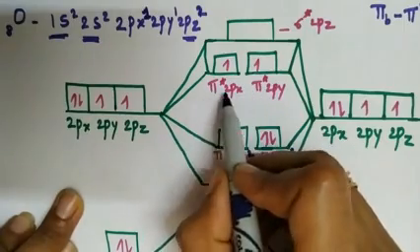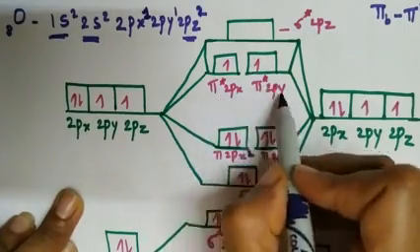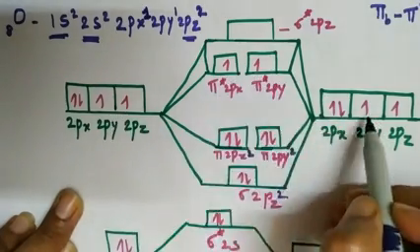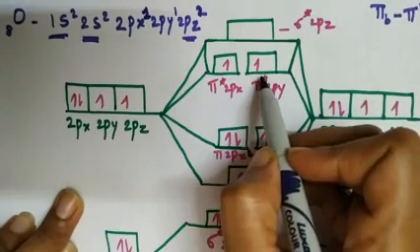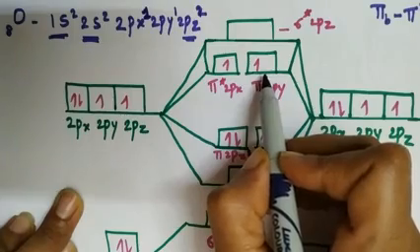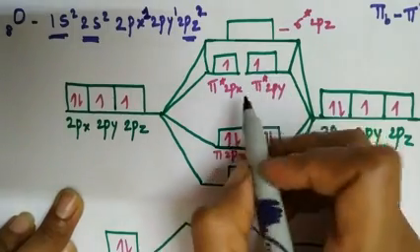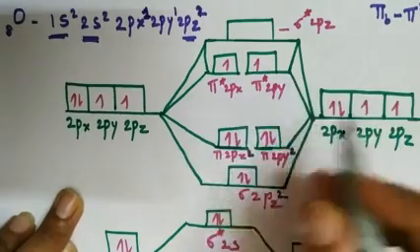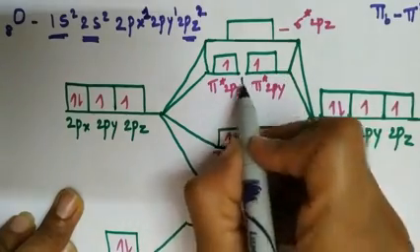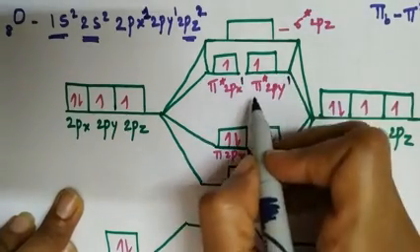Pi star 2px, pi star 2py means anti-bonding orbitals. One electron will come here and another electron will come here. Firstly, parallel filling is there according to Hund's rule, and only then pairing takes place. So out of 6, only 2 electrons are remaining here, each contributing 1 electron, and these are unpaired.